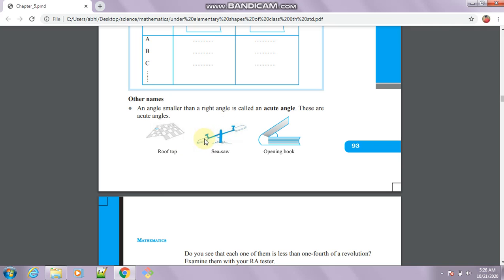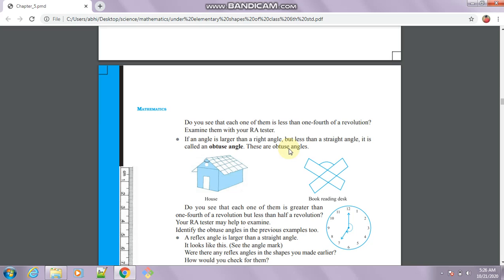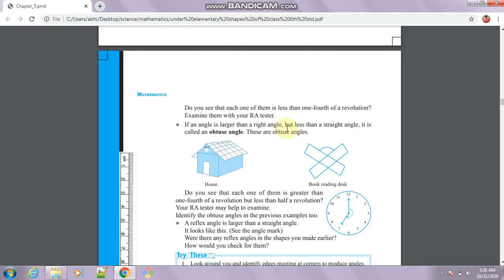Okay, fine, students. Here, opening the books. An angle greater than the right angle but lesser than the straight angle is called an obtuse angle. See here, it is greater than the right angle and lesser than the straight angle, so this is represented as an obtuse angle.